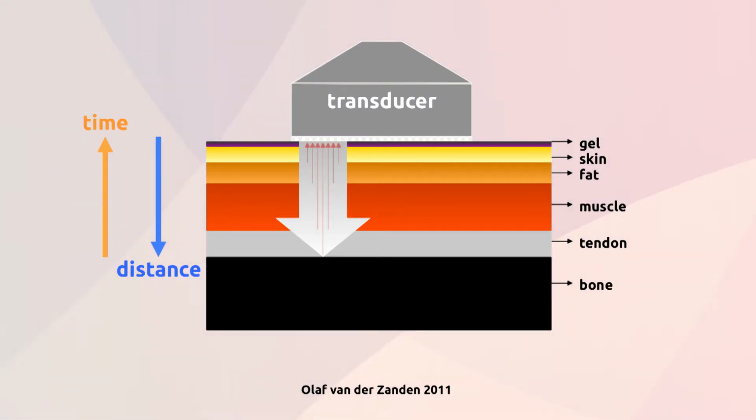The transducer detects the returning echoes and sends the signal to the ultrasound system, where all information is processed by the software. After processing, the image can be seen on screen. The whole process of sending, receiving, and processing happens so fast that there is no delay. All structures can be scanned and visualized real time.